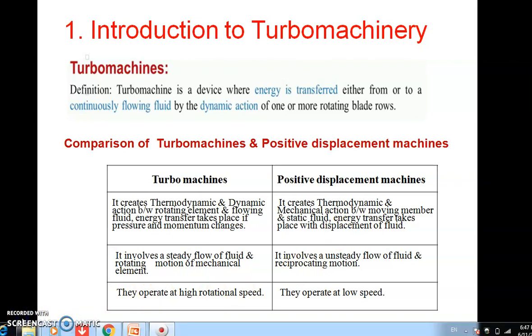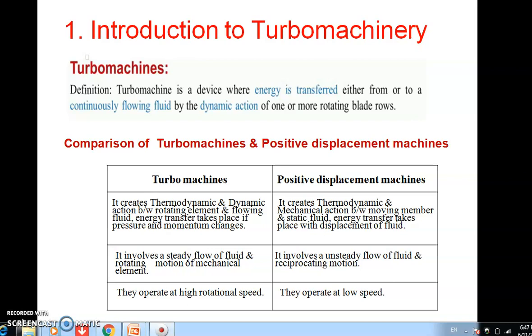Now the definition of turbo machine is nothing but it is a device where energy is transferred either from or to a continuously flowing fluid by the dynamic action of one or more rotating blade rods. In short, turbo machine covers a wide range of machines where its basic definition tells you about the transfer of energy. You might have heard about the power absorbing machines and power producing machines.